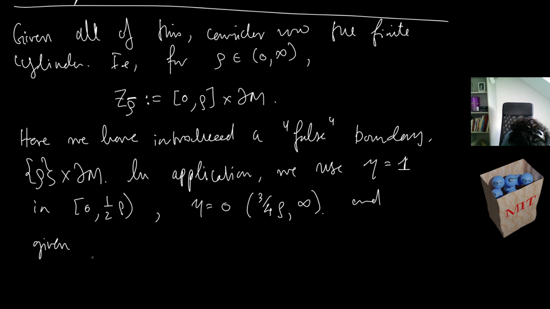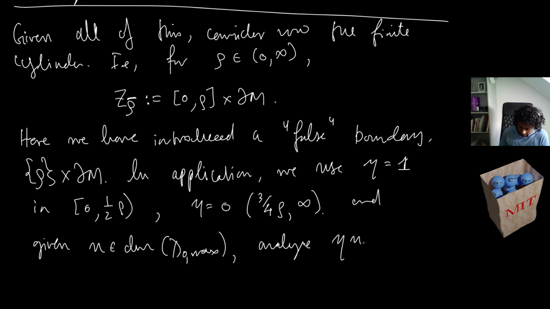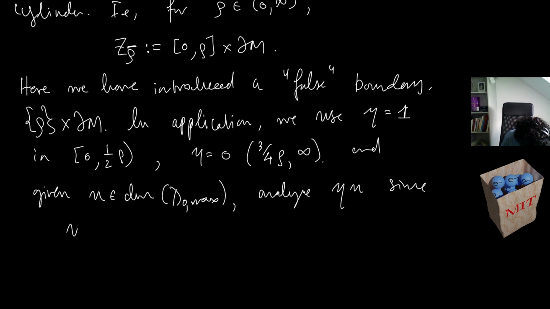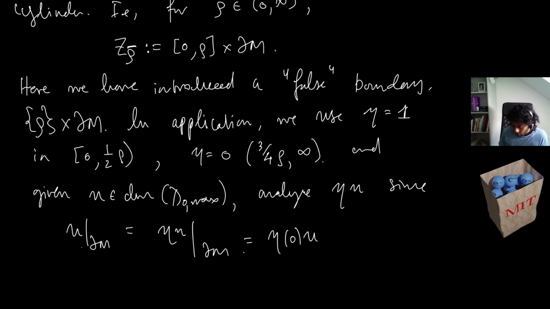Given u in the domain of D naught max, analyze eta u, because these two things have the same trace, since u restricted to the boundary is the same thing as eta u restricted to the boundary, which is eta 0, u0 in this notation.